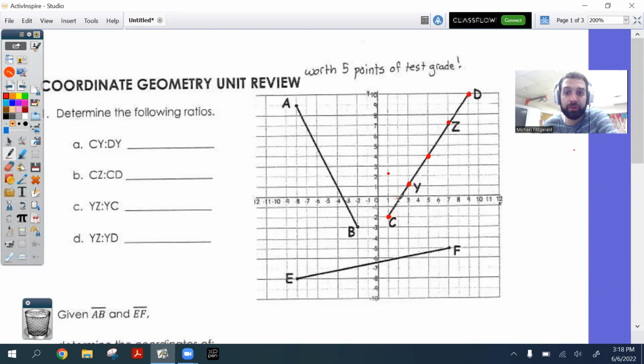So CY to DY. What I do for CY is draw a little triangle to measure that distance. Same thing with DY, but I'm going to do it in three small triangles.